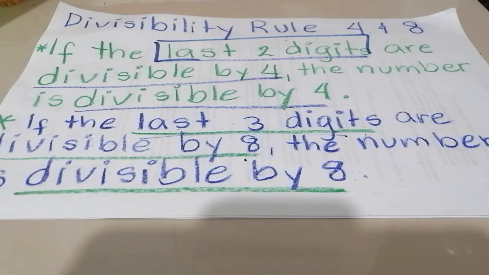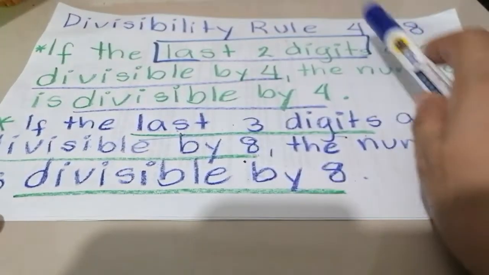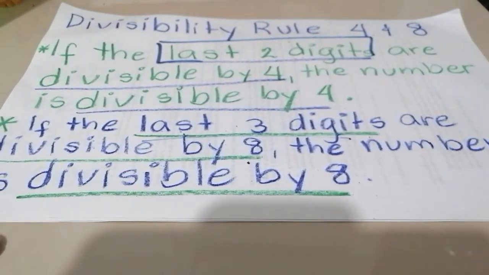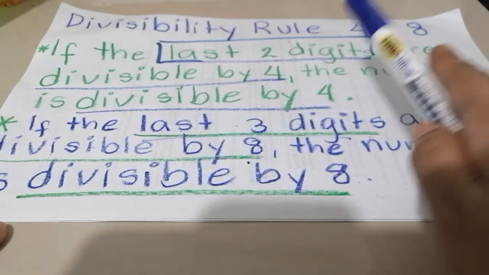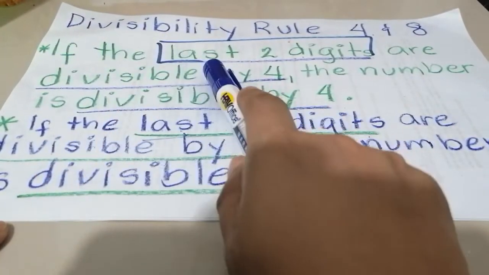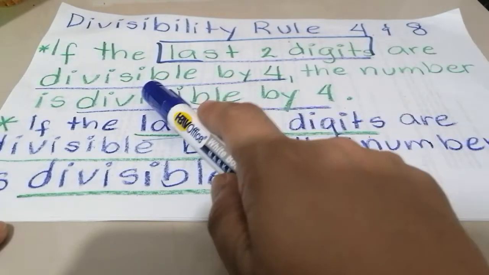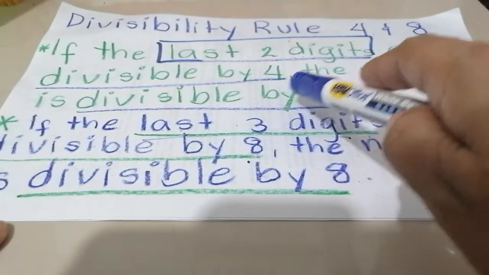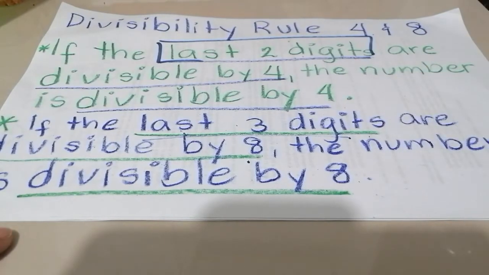Today, I'll be discussing the divisibility rule of 4 and 8. The rule for divisibility by 4 is: if the last two digits are divisible by 4, the number is divisible by 4. What does that mean?